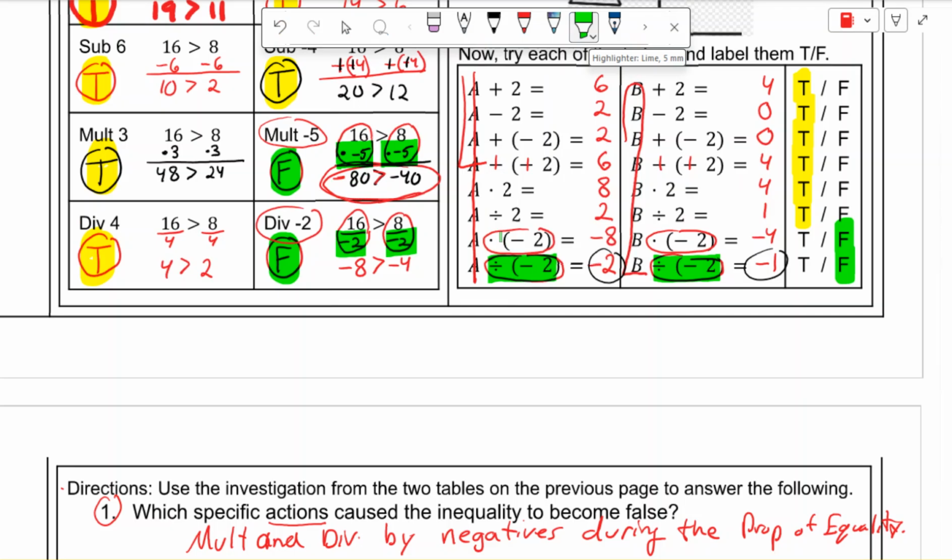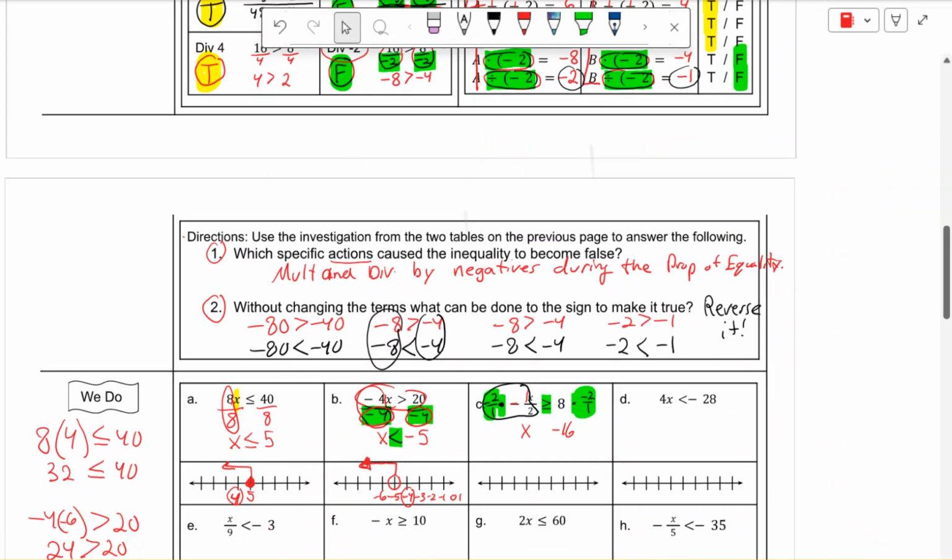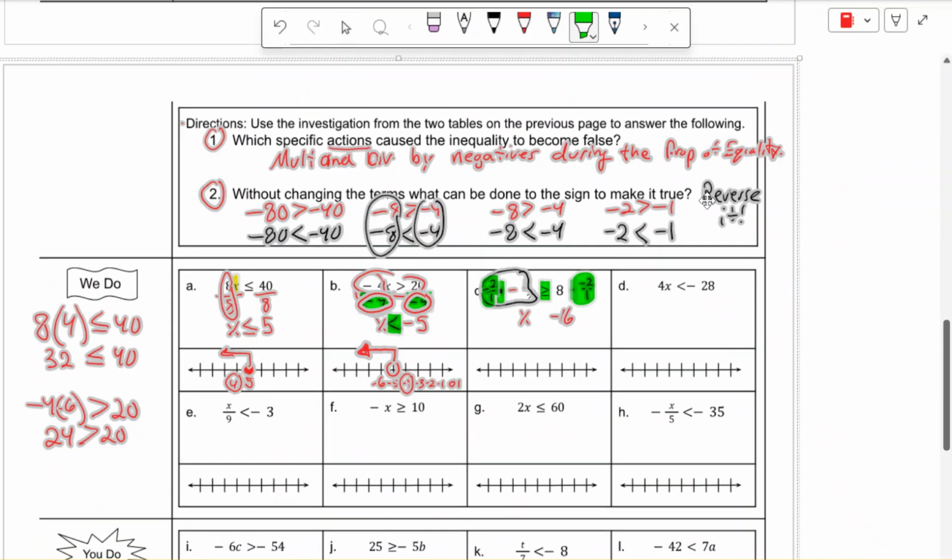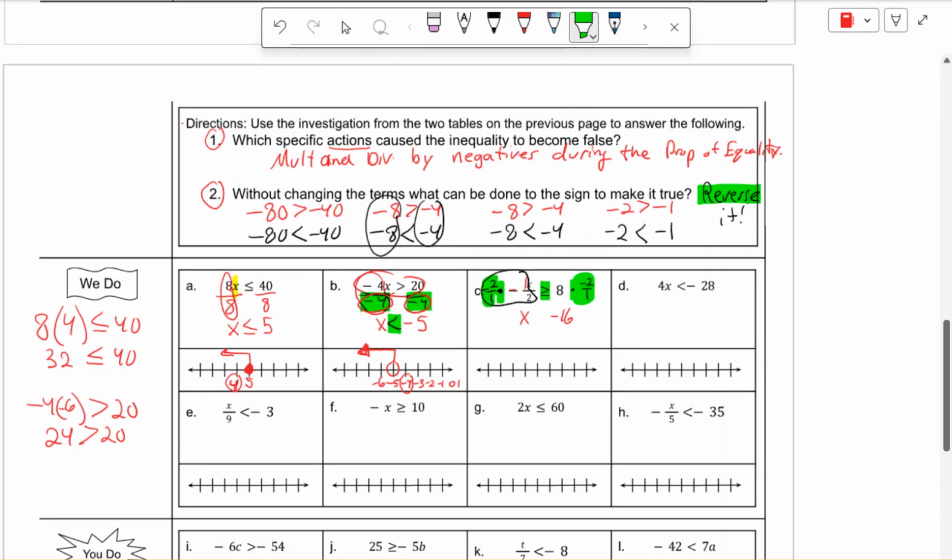And over here in the scales, when we multiplied by a negative on both sides, the scale became false. All right, so what did we learn here? We learned about reversing it. So in this instance, since we're multiplying both sides by a negative, the sign is going to reverse. X is less than or equal to negative 16.